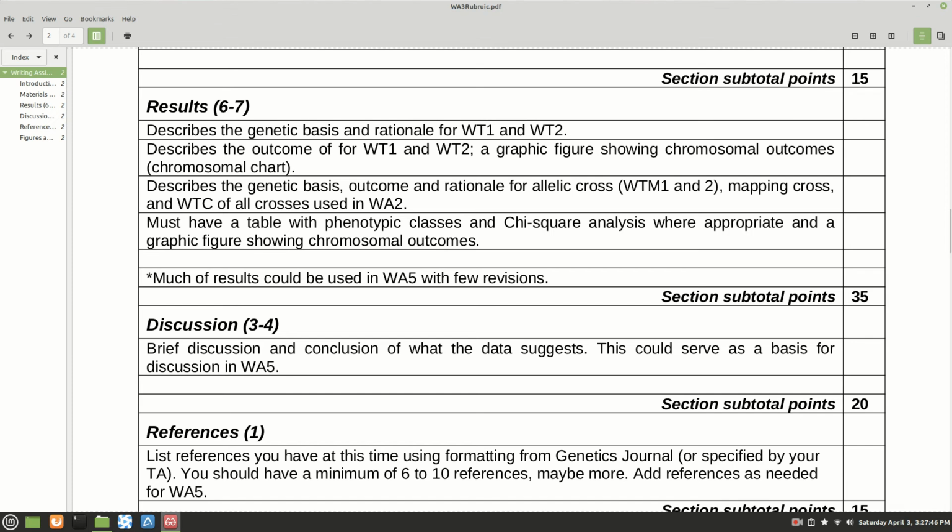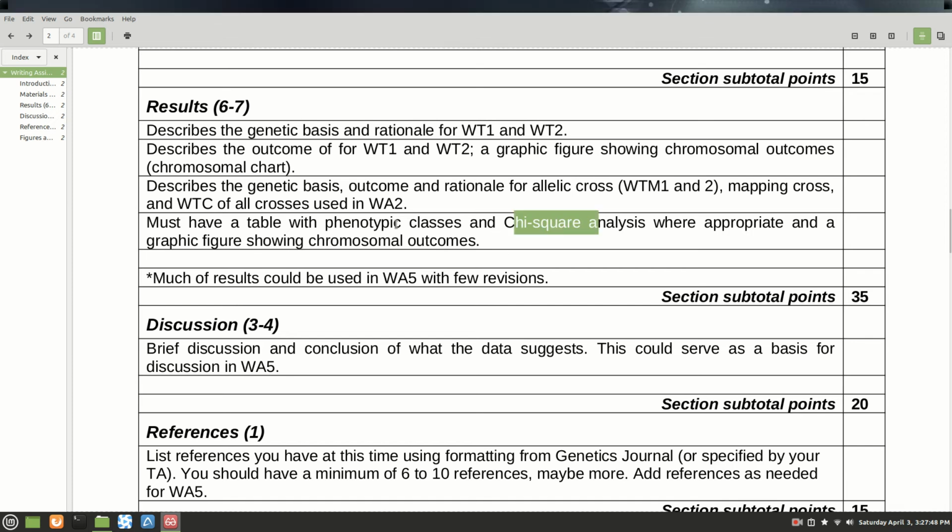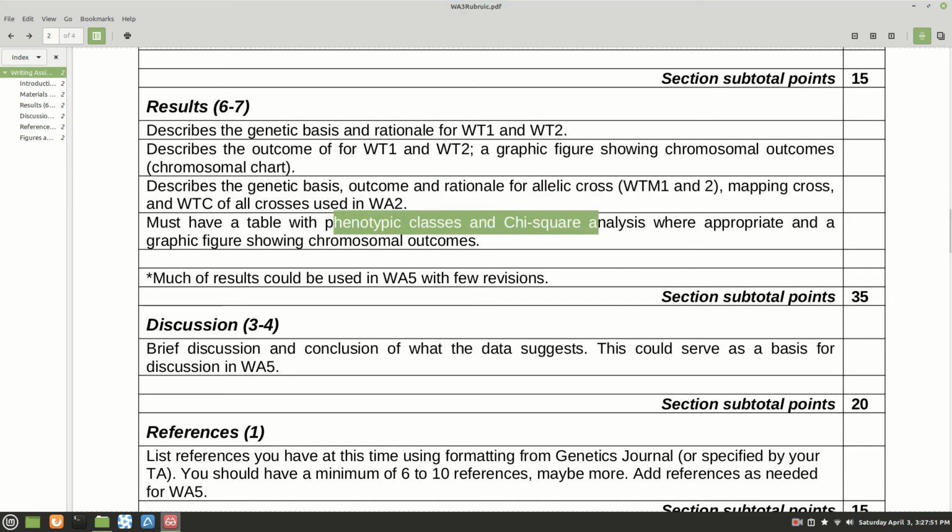And here in results, now you begin to talk about what you found and your hypothesis. You don't put it together yet, that's for the discussion, but you do list your results. So you might give tables and stuff here. You can put the tables at the end or in here.